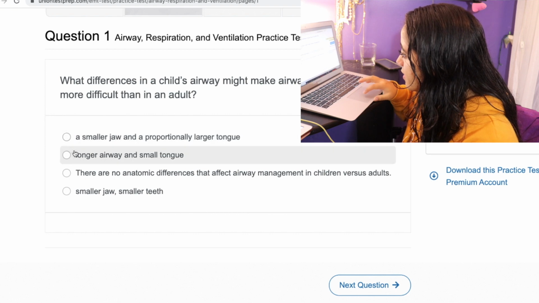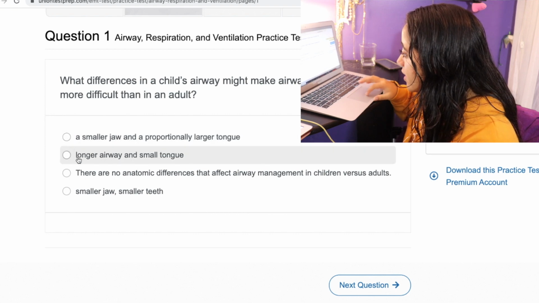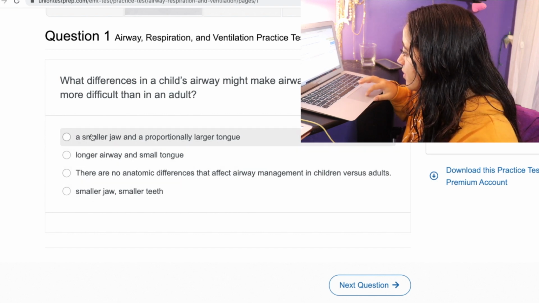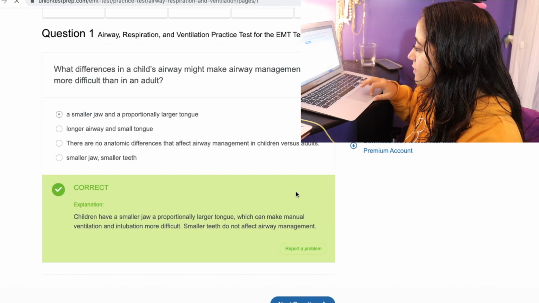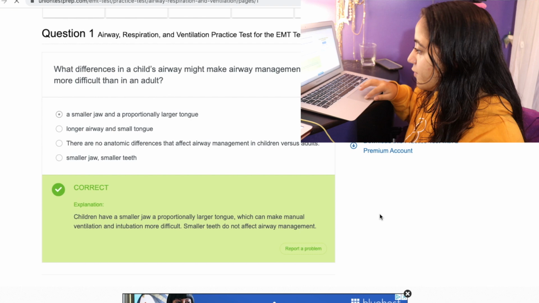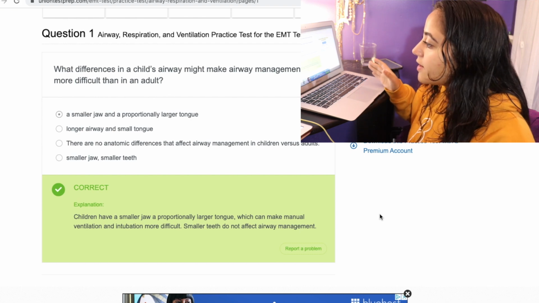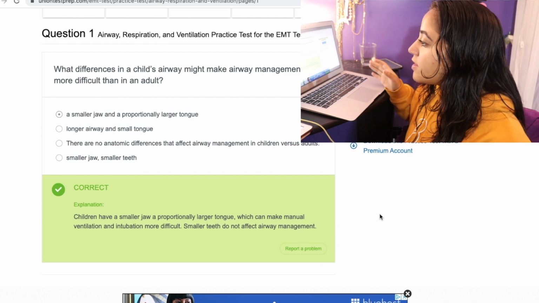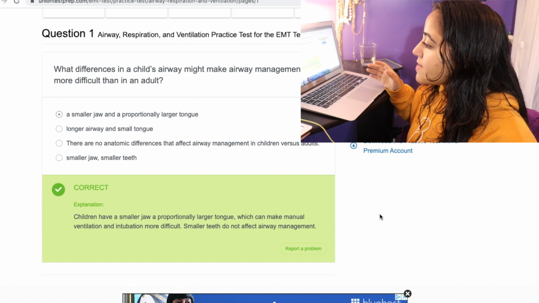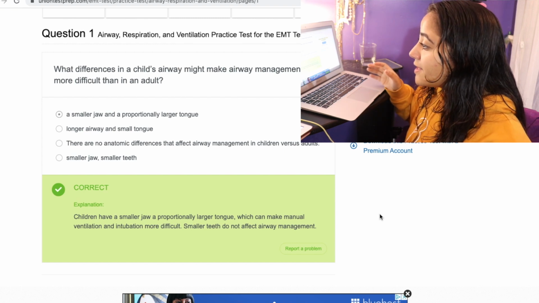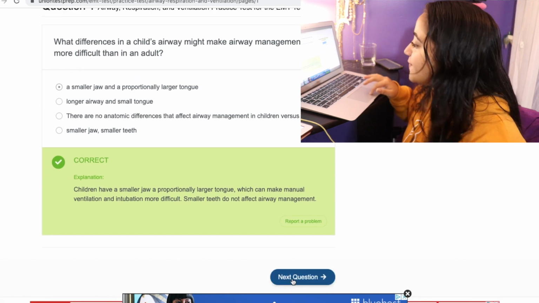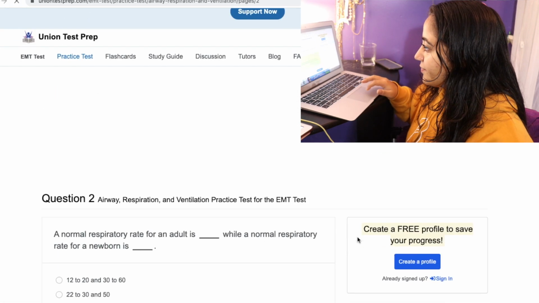Wrong. So I'm going with this one. That was correct. Children have a smaller jaw and a proportionally longer tongue, which makes manual ventilation and intubation more difficult. Smaller teeth do not affect airway management. Let's go to the next question.